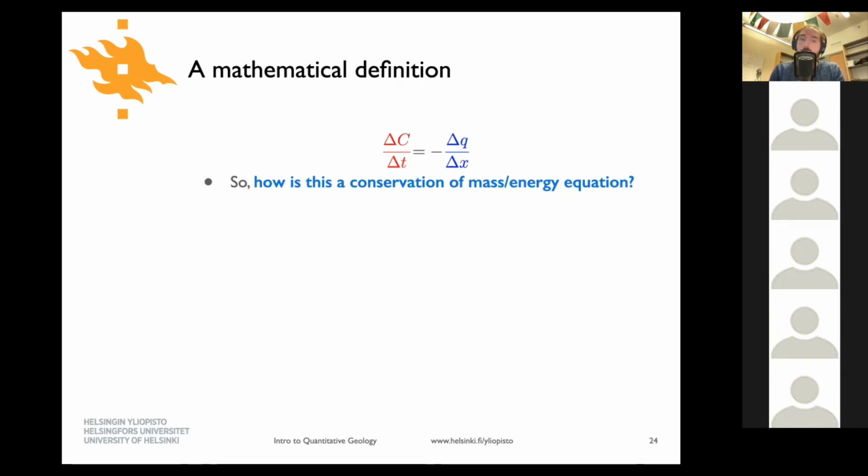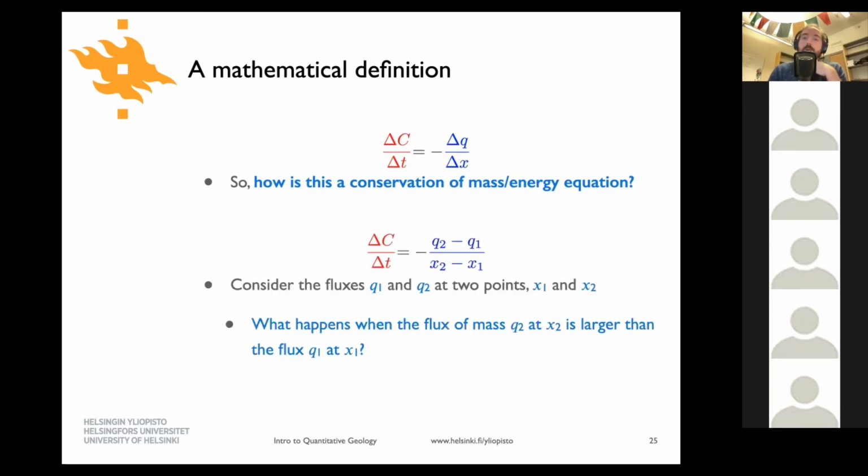How does that work? Well, I think we can relatively easily understand this through an example. So let's consider that our delta Q over delta X can be expanded to be Q2 minus Q1, just the same that we did with C2 minus C1. And our X2 minus X1 is the same as it was previously. So we have two fluxes at two different points, X1 and X2.